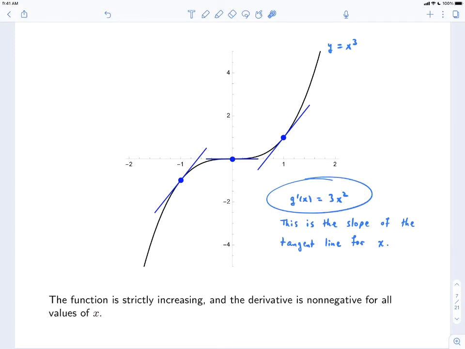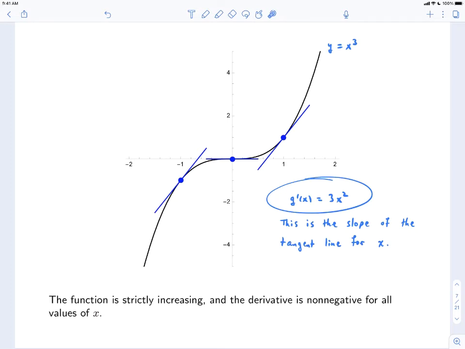So one thing that you might notice is that the derivative 3x squared is never negative. It's 0 when x is equal to 0. That's at the origin. That's why you have a horizontal tangent line there, because the slope of the tangent line is 0. But everywhere else, it's positive. And you can see that for any x value other than x equals 0, the tangent lines will have a positive slope.